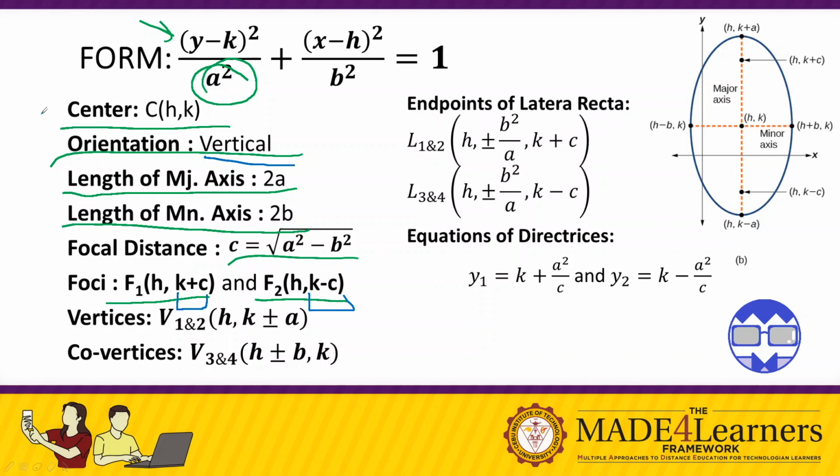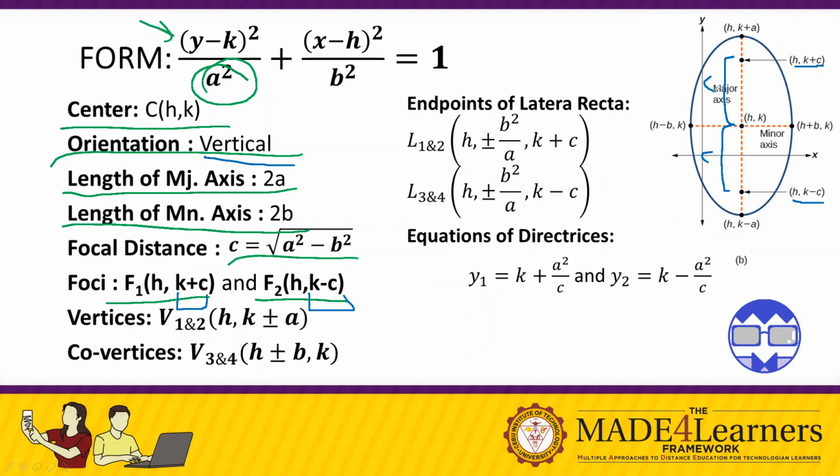From the center, plus or minus c, and we add it or subtract it at k. If you look at the graph here, this part here is the distance c.